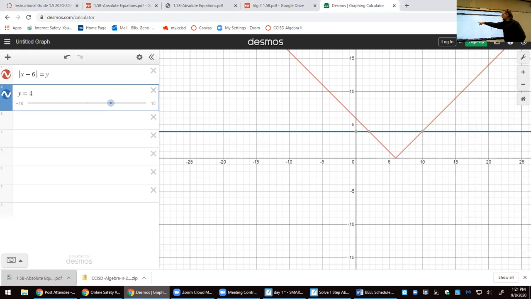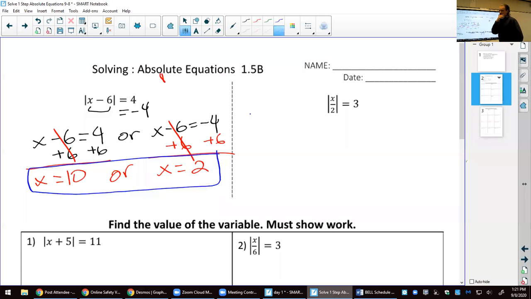So if we say y equals 4, it makes this blue line going across. And then we can just select where those lines meet. And you see it means that x is 2 and x is 10. Okay? Not that you need a calculator to check these because the math on this is pretty straightforward. But later on that might be helpful because we are going to see more complicated equations later this week.